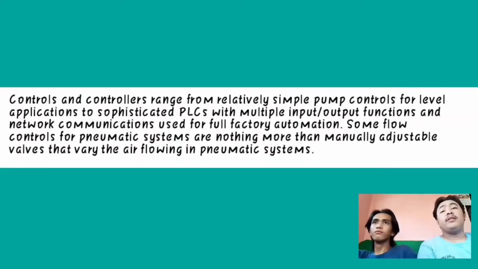Controls in controllers range from relatively simple pump controls for level applications to sophisticated PLCs with multiple input or output functions and network communications used for full factory automation. Some flow controls for pneumatic systems are nothing more than manually adjustable valves that vary the air flowing in pneumatic systems.